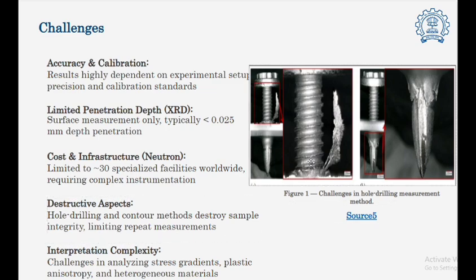As you can see in the picture, the sample is damaged by the hole drilling method. The source of this picture is mentioned here. Our final challenge is interpretation complexity, which makes it difficult to analyze stress gradients, plastic anisotropy, and heterogeneous materials, and is a bit complex to study.